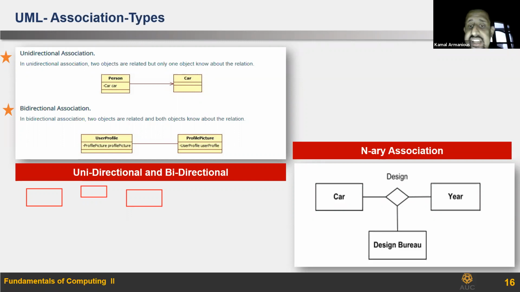So this is a bidirectional relationship. Then there's a ternary relationship, and we will see it in a moment. We will translate this into C++ code next lecture.